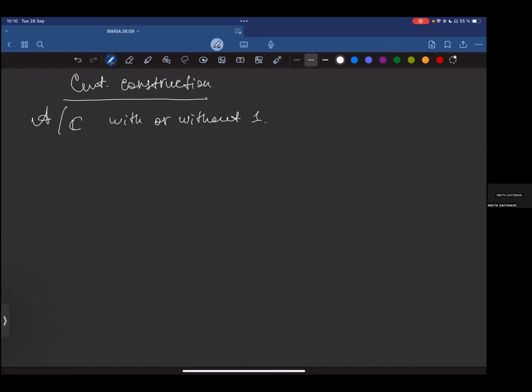Then we can consider the Lie algebra of matrices over this A. I will denote it by GLN of A. And the commutator is just the ordinary commutator, AB minus BA. Then we can consider, let me say that this algebra A is countably dimensional.